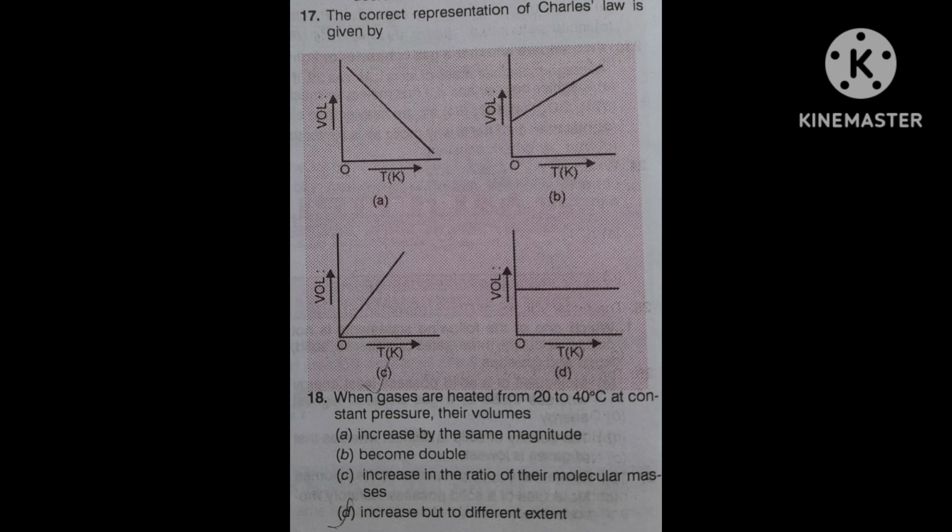Option D is correct. Means universal gas constant would depend only on the units of the measurement. Why? Actually in the equation PV is equal to nRT, the value of R depends upon the units of measurement.